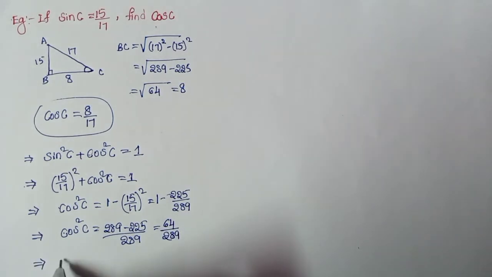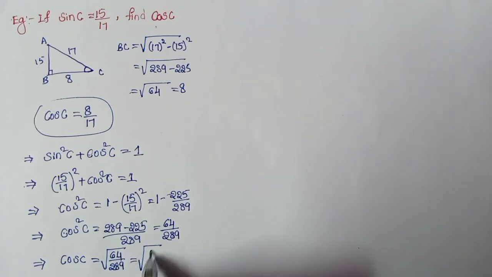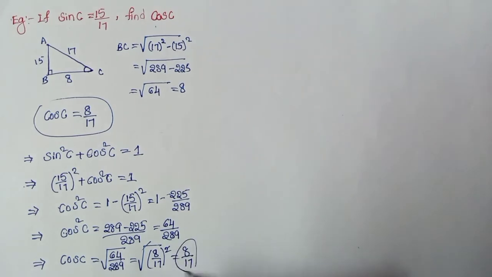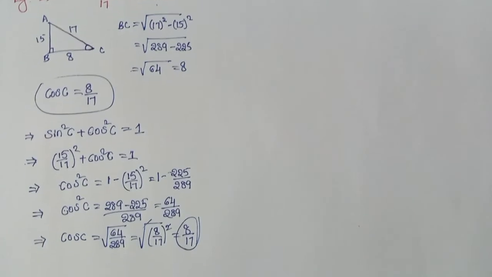Here if you take the square root of 64 divided by 289, 64 you can write as 8 square and 289 you can write as 17 square. So 8 by 17 whole square. The square and root get cancelled and we are left with 8 by 17. From this also you will end up with the same answer. I hope you understand. You can try two problems that I will give here.